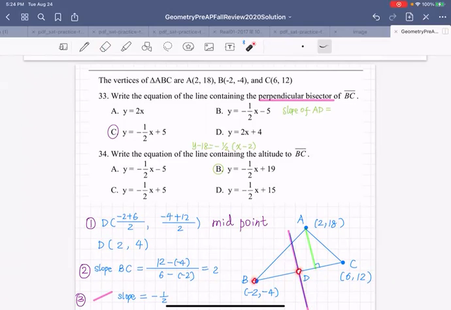So we know the line here passes through the midpoint. You know B and C. Can you get the position of D, please, by using the midpoint formula? What are the coordinates for point D?